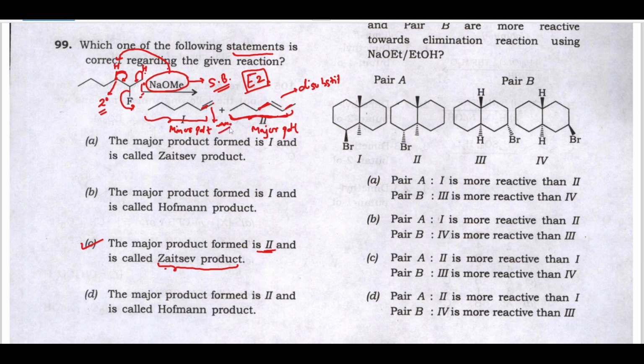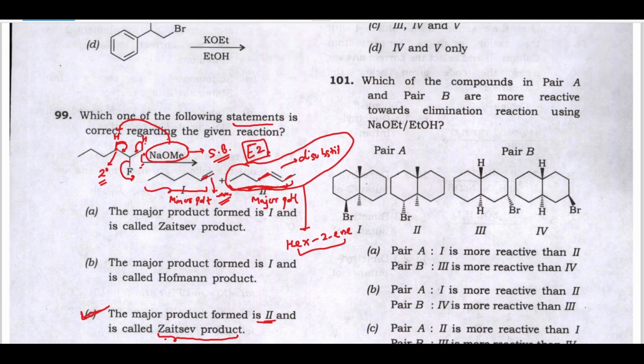So this is your major product, also known as the Zaitsev product because it follows the Zaitsev rule, according to which the more substituted alkene is generally most stable. Clear? So option C is the correct answer of this question.